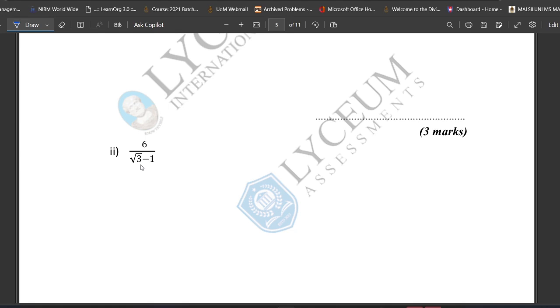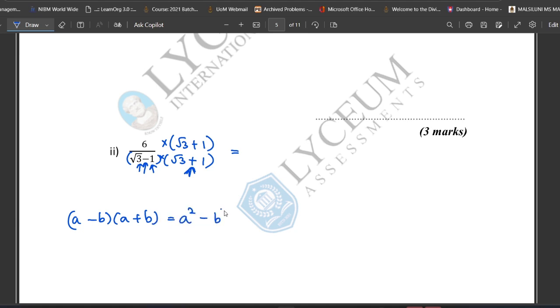This one, when we have two terms subtracted or added together in the denominator, what we do is we multiply with the same thing but change the sign in the middle. If there is minus, we multiply by plus, both top and bottom with the same thing. Now this happens like a minus b, a plus b. We know that the result should be a squared minus b squared.